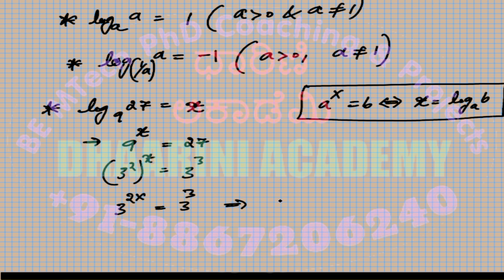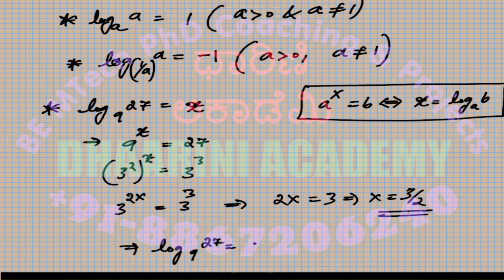So you can say that 2x is equal to 3. This implies x is equal to 3 by 2. So the log of 27 to the base 9 is equal to 3 by 2 or 1.5. That is the right answer.